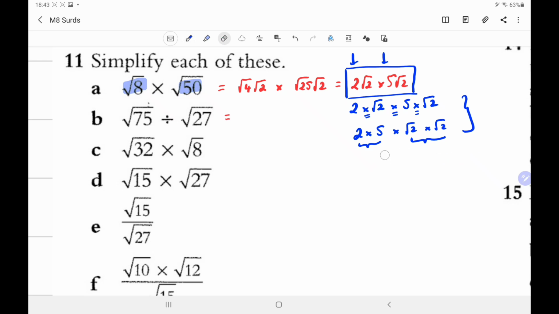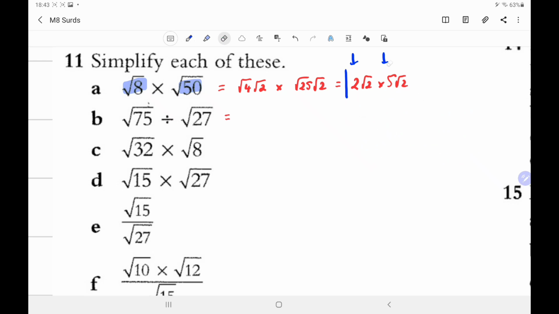So if I rub all that out and try and do the next one, I'll just give you the answer actually. So 2 by 5 is 10. Root 2 by root 2 is 2. So the answer is 20. So let's do part B. So square root of 75, change that to 25 by 3. That's a division this time.